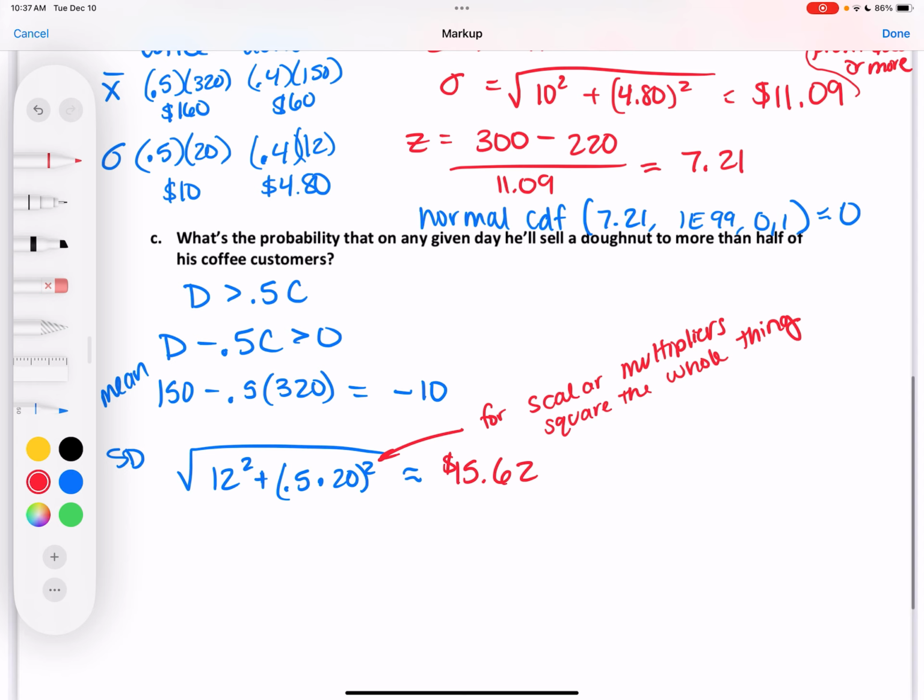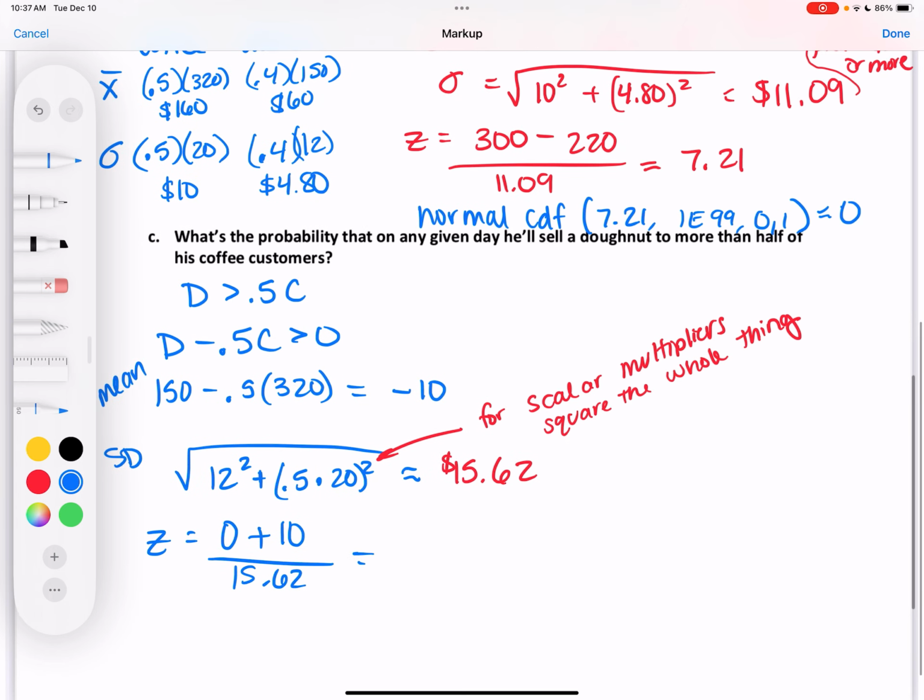So then we can do our z-score, which is basically we want it to be exactly half, but the mean of that would be negative 10, but we're minus a negative, so plus 10 over the standard deviation, 15.62. So 10 divided by 15.62 is 0.64.